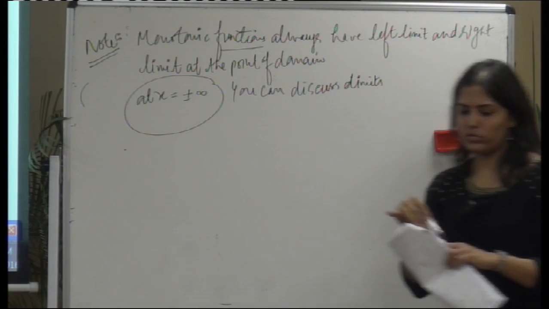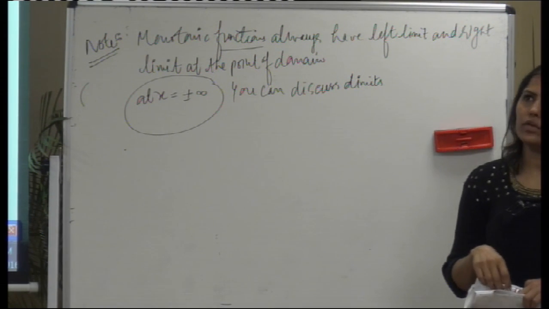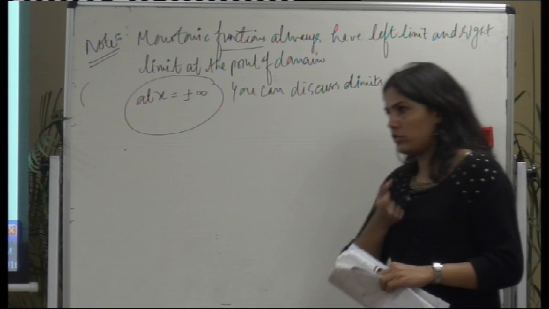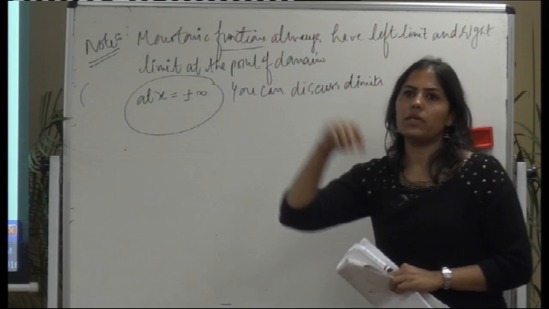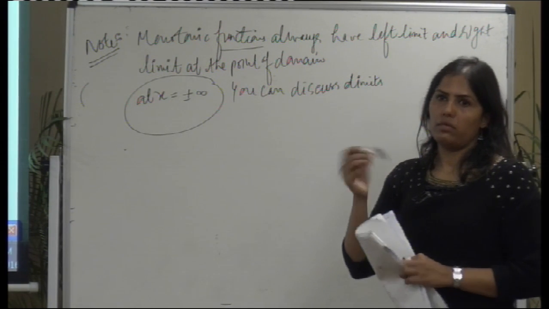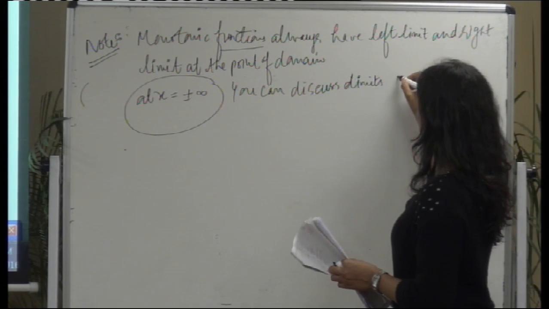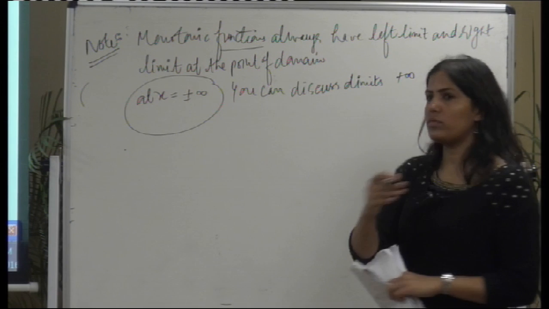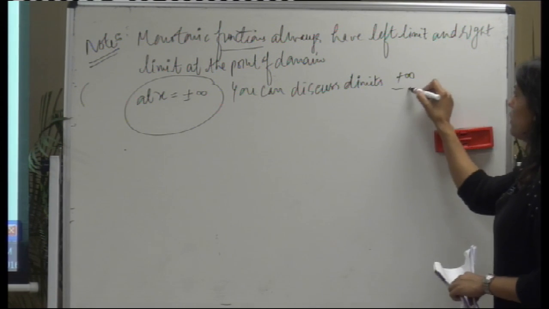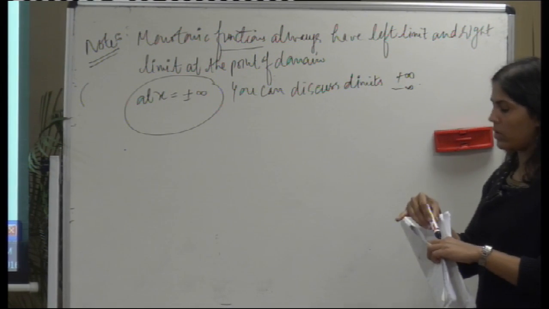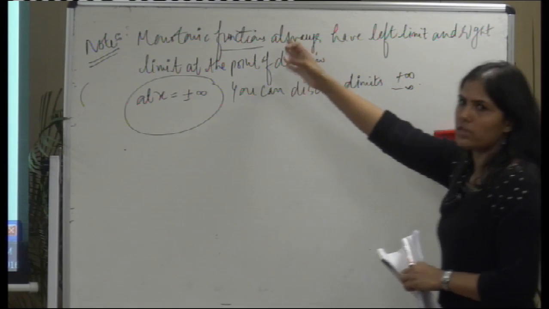If your function is increasing, at infinity the limit will be plus infinity, and at minus infinity it will be minus infinity. So you can discuss the behavior of monotonic functions at such points.